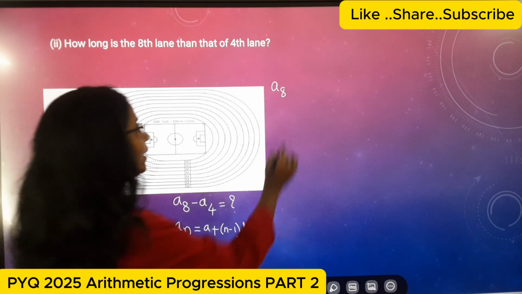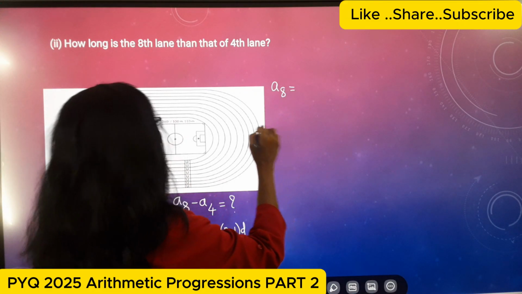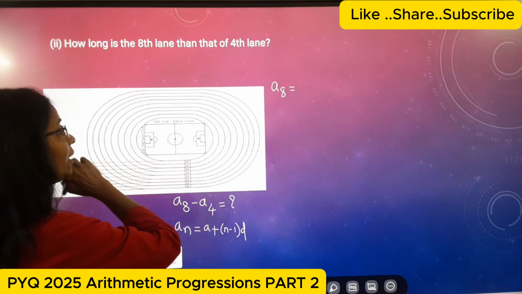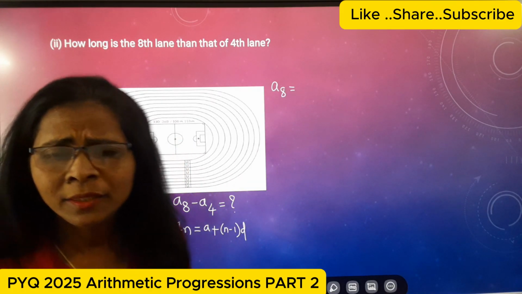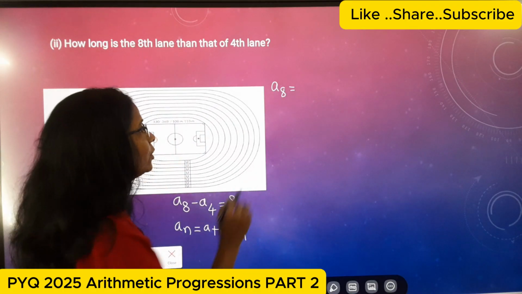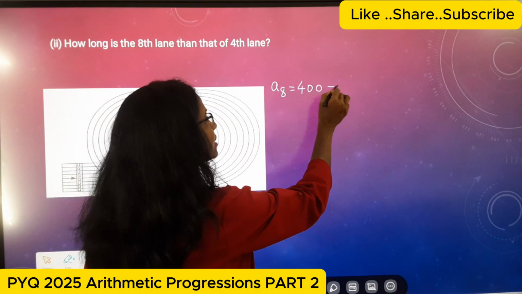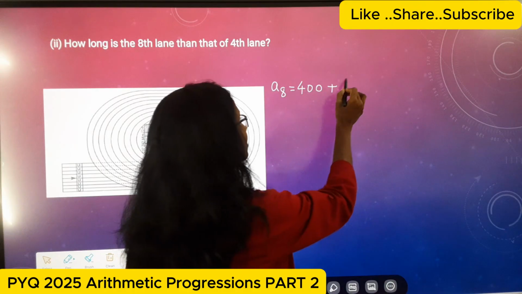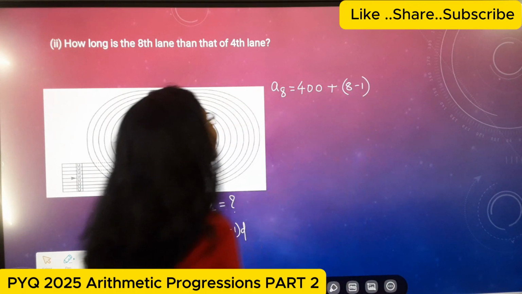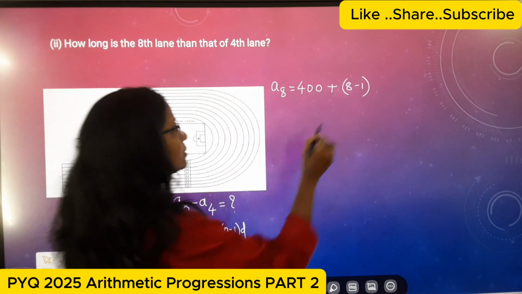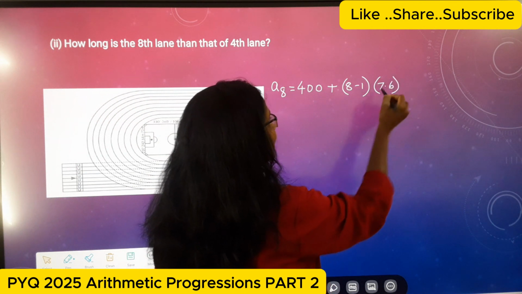Okay, so I write here a8 is equal to a plus (n minus 1) d. Here a is 400, n is 8 minus 1, and d is 7.6.